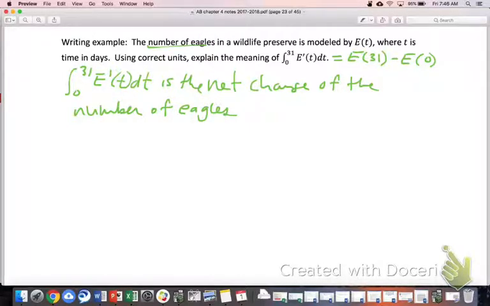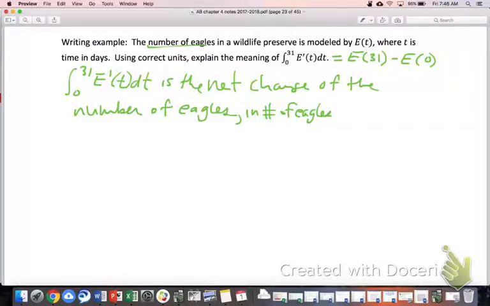I feel like you've already kind of given the units for the integral itself, right? Like the number of eagles. If you wanted to be super redundant, you could say in number of eagles. I don't know that that's particularly necessary in this case because I've already kind of stated that, but this would be a model for how we would give units.